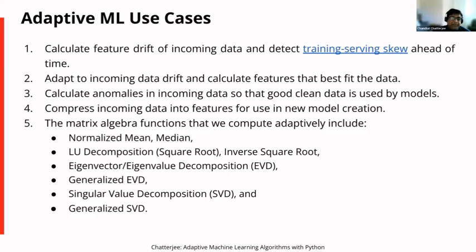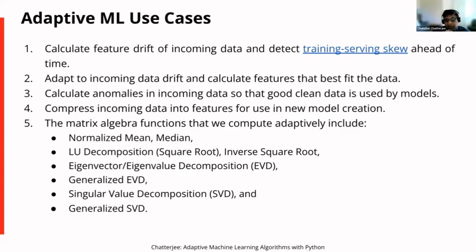So the matrix algebra functions that we compute adaptively are normalized mean, median, LU decomposition, square root and inverse square root, eigenvector, eigenvalue, which is known as PCA, generalized eigenvector, singular value decomposition, and generalized singular value decomposition. So these are some of the matrix functions that we compute. So basically, we take these real-world problems and we convert them into matrix algebra problems.